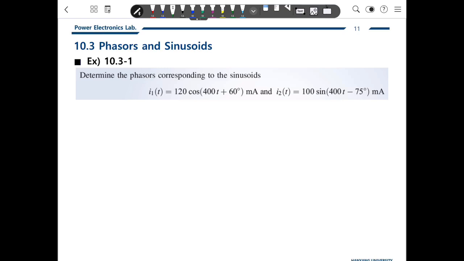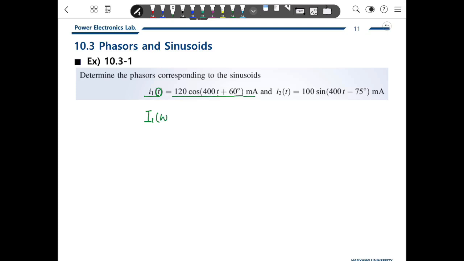So for example, if current is 120 cosine 400t plus 60 degrees, in milliampere, then I want to express this variable as a phasor. When I say phasor, we use the capital variables. I1, and this is no longer a t variable because we ignore the t.